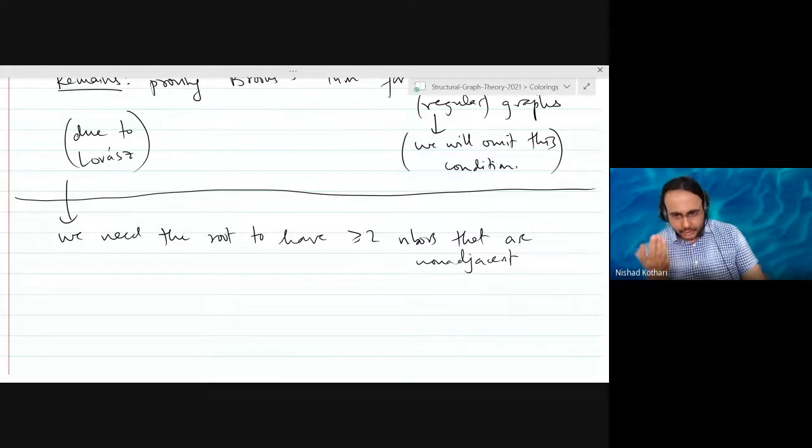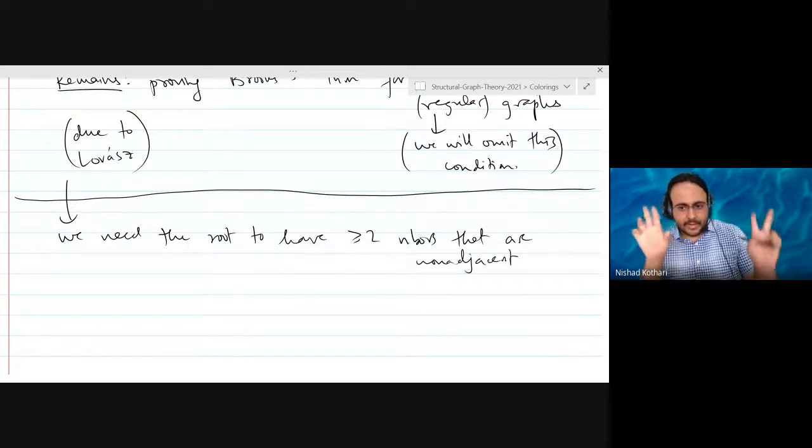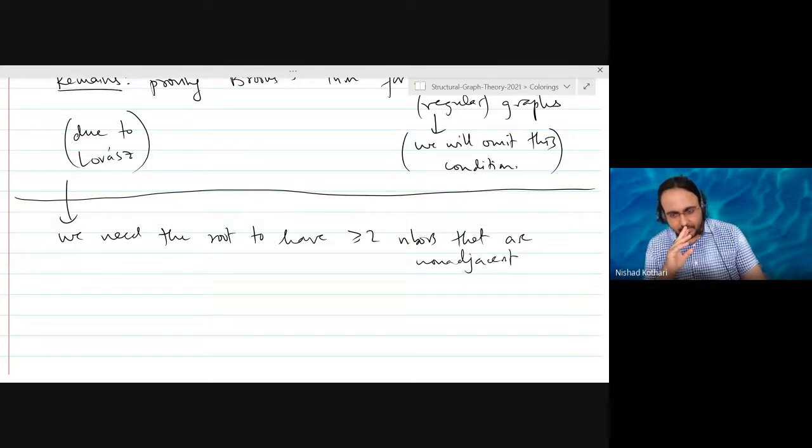We need to ensure that on top of being non-adjacent, they get the same color in our greedy strategy. So we are going to devise an ordering of the vertices so that these two vertices definitely get the same color. So how would we do that? We need something more.